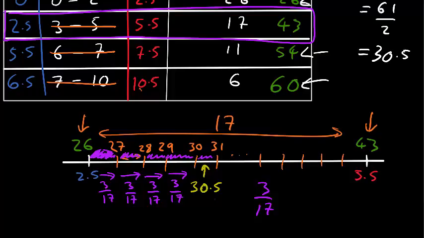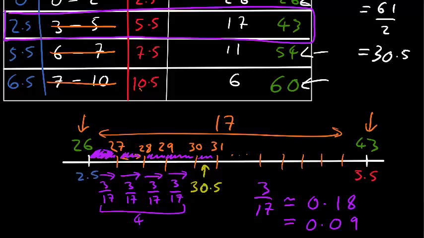So how much is 3/17 as a decimal, roughly? It's a horrible number, approximately 0.18. Half of that is even worse, approximately 0.09. So I'm going to have to move 4 intervals of 3/17, plus half of one.